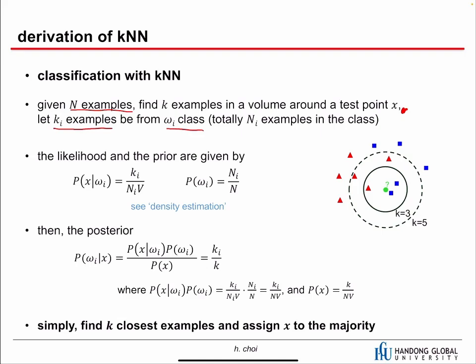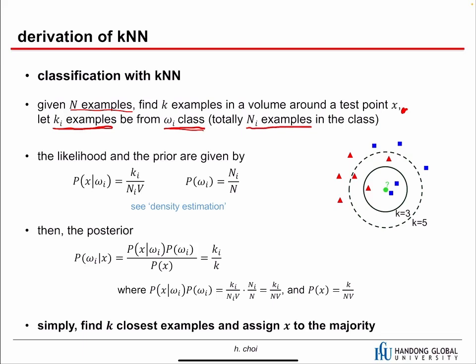Since this is classification, we have labels for the training samples, so we know which one is coming from which class. So this many samples are coming from this class, and basically we have n sub i examples in that class.